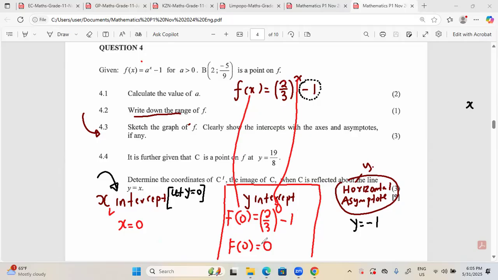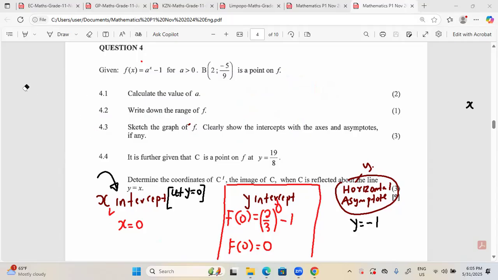So now how does the graph look? Let's check. I have the x-intercept, the y-intercept, and the horizontal asymptote. I should be able to sketch the graph. I'm going to show the y-axis. I'm going to show the x-axis.